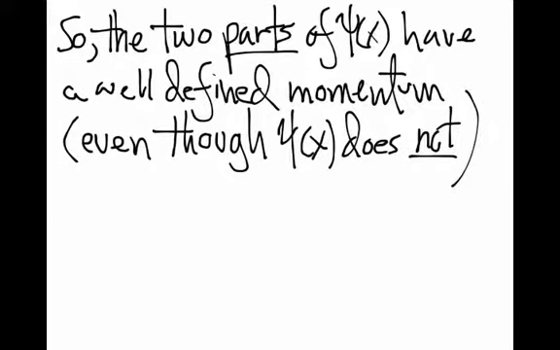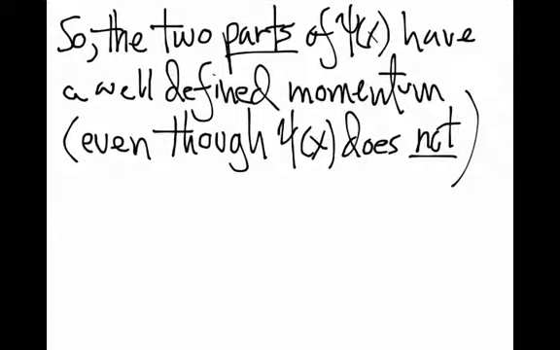We do not get a constant times the function. There is not an eigenvalue of momentum for the particle in the box wave function sine of n pi x over L. It doesn't work. But we can break it into two pieces, and those two pieces do have a well-defined momentum.